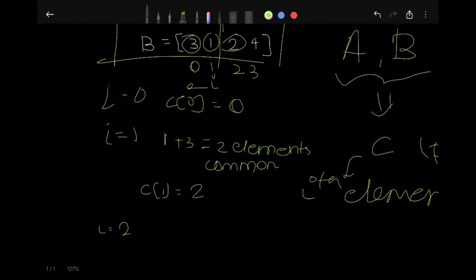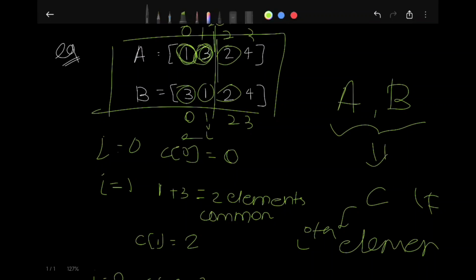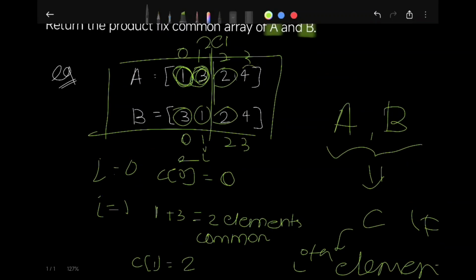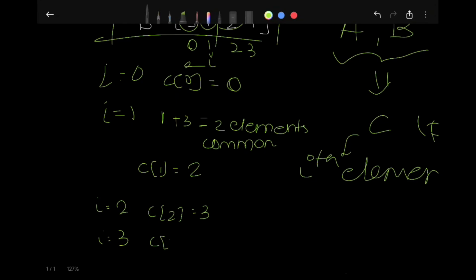So the total number of elements will be 3. So C of 2 will be equal to 3, and at i equals 3 we have 4 as our common element, just like 2. So C of 3 will be equal to 4.